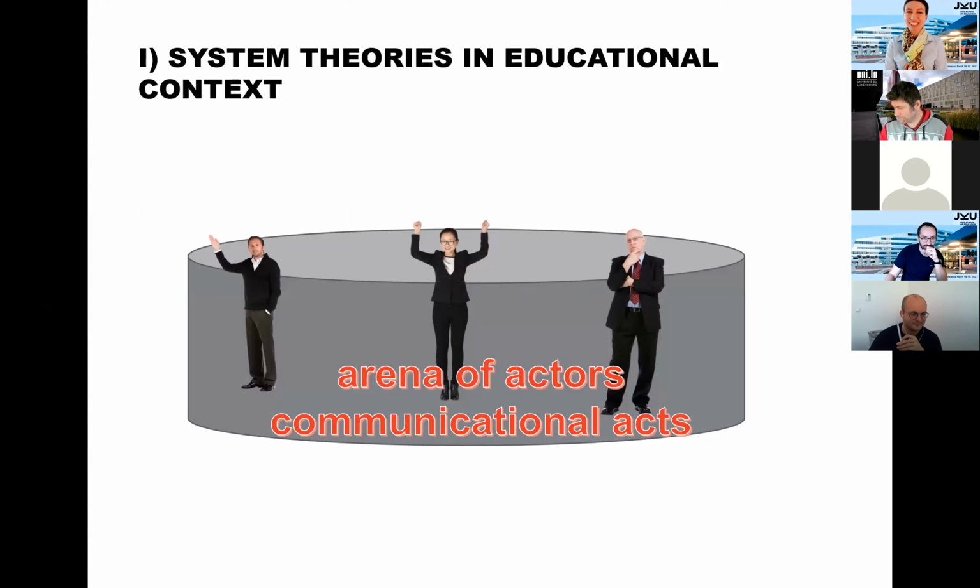In the social analytic sciences, we consider communities, also in school, as more or less an arena of actors that follow sometimes or often historically grown structures of communication and also of ethics.